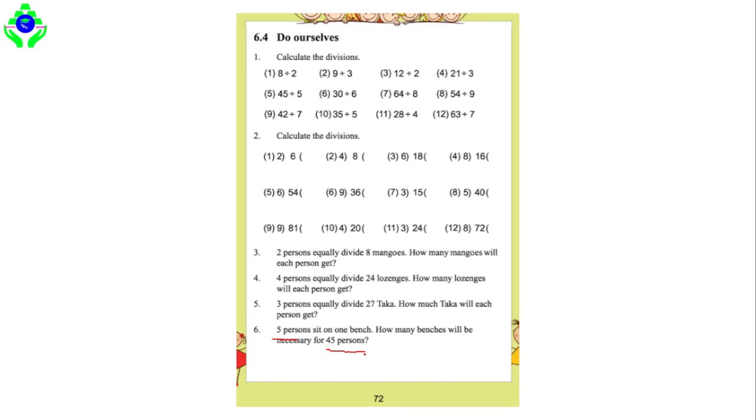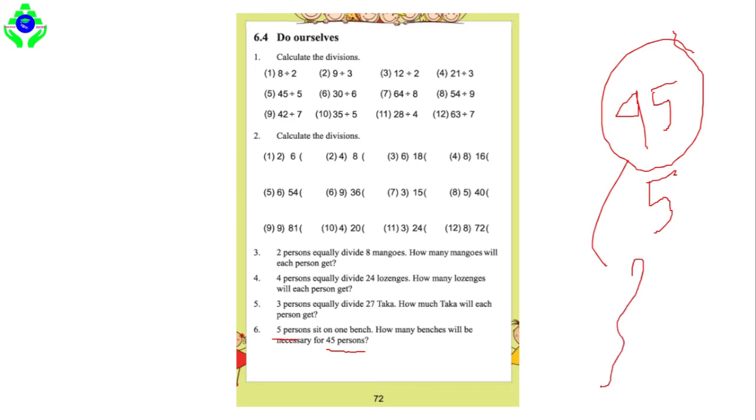So now the question to you is how many benches will be necessary? We have 45 persons, but every bench can hold 5 persons. So for these 45 persons, how many benches will be needed? How can you solve it?